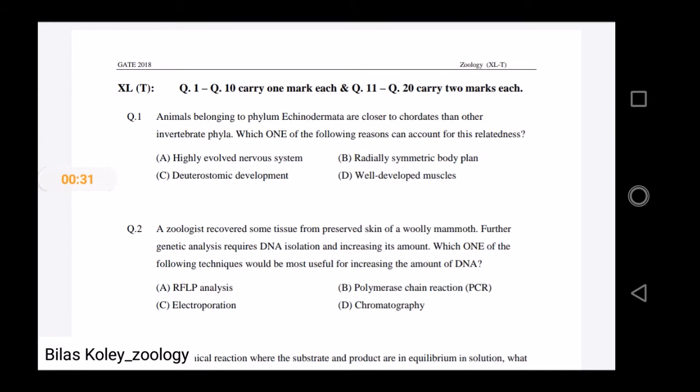The options are highly evolved nervous system, radially symmetric body plan, deuterostomic development, and well-developed muscles. In this question, the right option is option C.